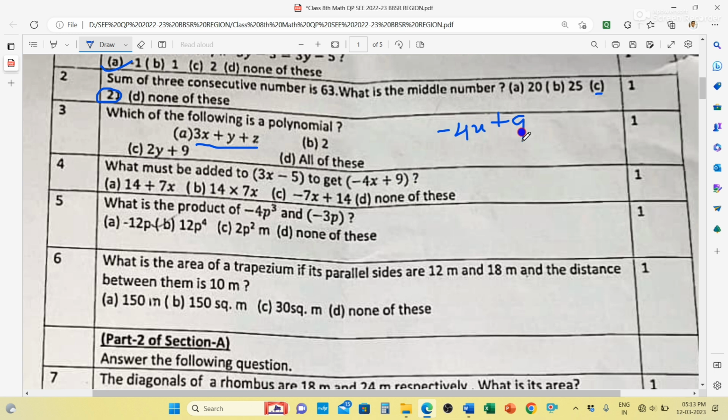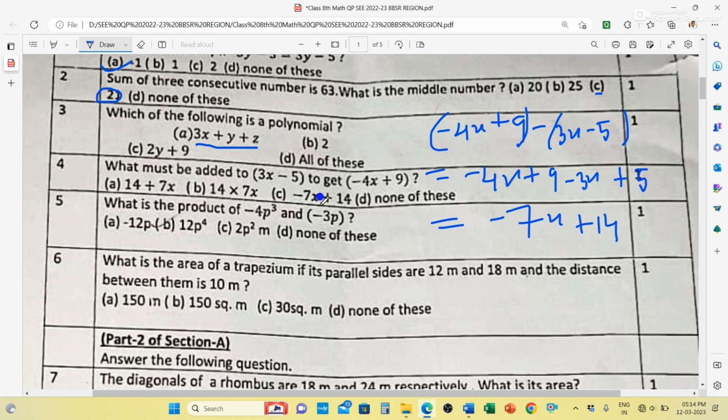So minus 4x plus 9 minus 3x minus 5, that is minus 4x plus 9 minus 3x plus 5. So minus 4x minus 3x is minus 7x, plus 9 plus 5 is 14. So the answer will be minus 7x plus 14, option C.